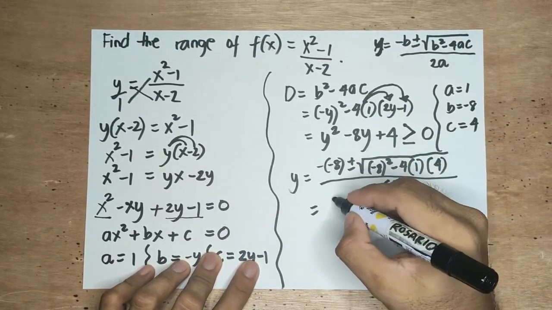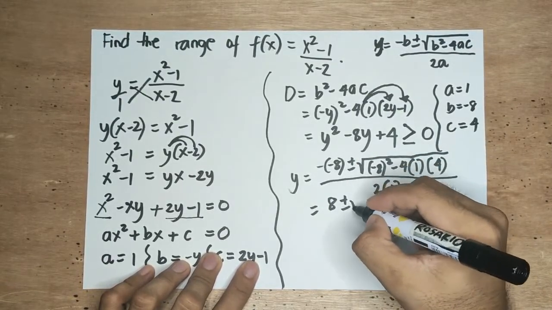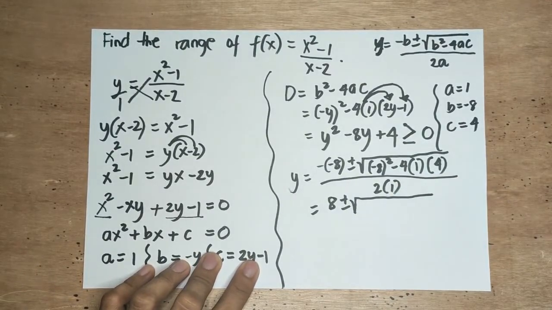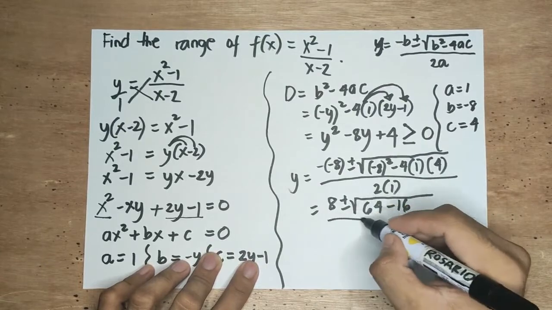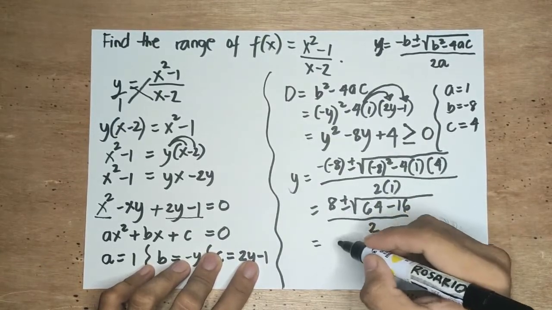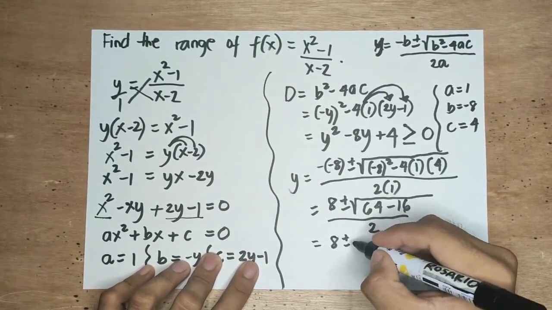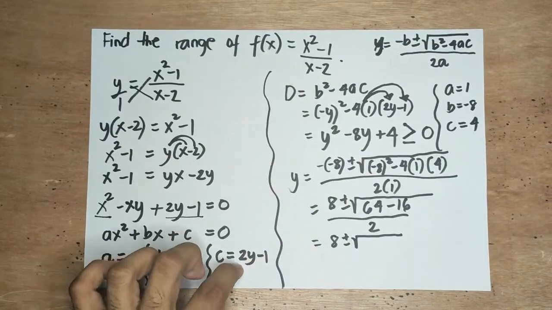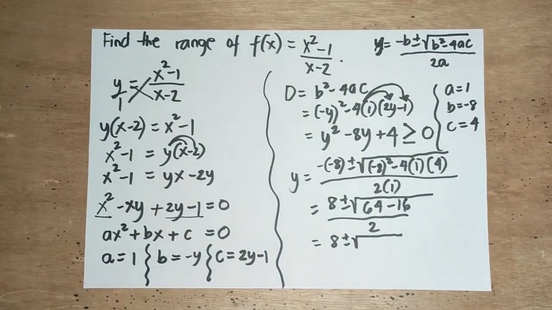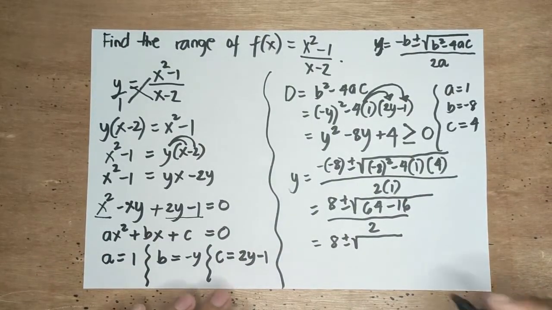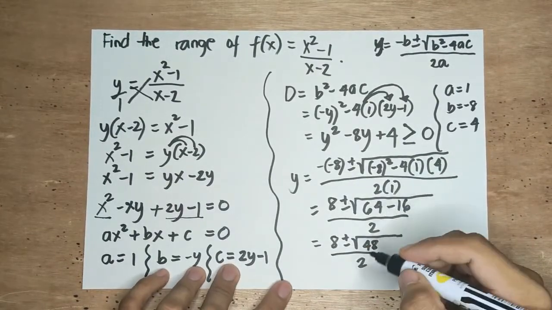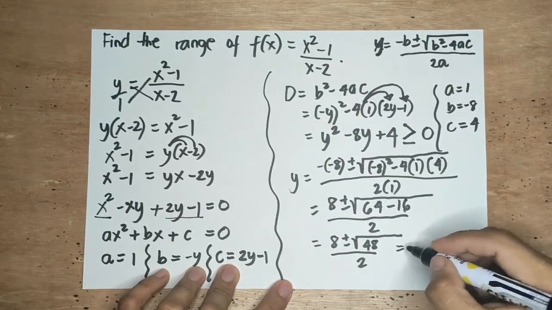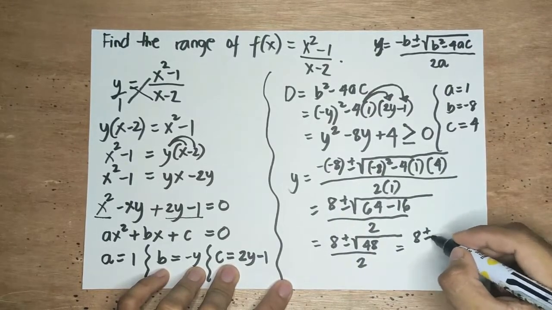So, negative times negative is positive 8, plus or minus square root of, this will be 64 minus 16 all over 2. So, we have 8, plus or minus square root of, what is 64 minus 16? This is 48 all over 2, or it can still be simplified as 8 plus or minus.